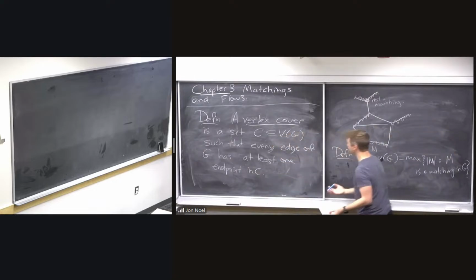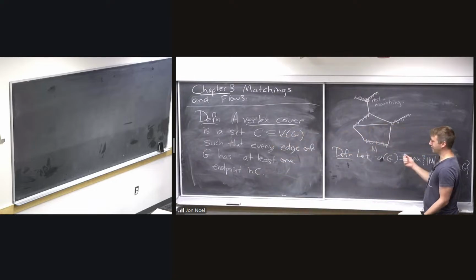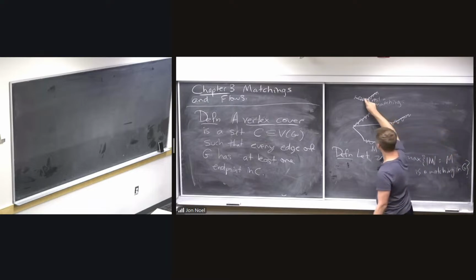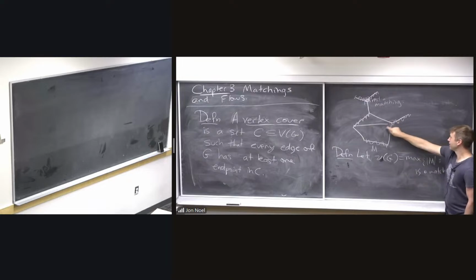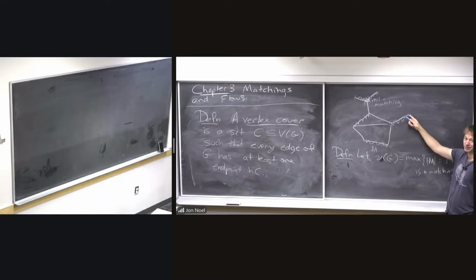I haven't thought about this graph in advance, but okay, I need to hit these edges. I might pick that vertex, right? What's a good idea? Probably high degree vertices are a good idea. Let's take that one. I gotta hit that edge. It'd be stupid to pick that one, since it only hits one edge, so I may as well pick that one.